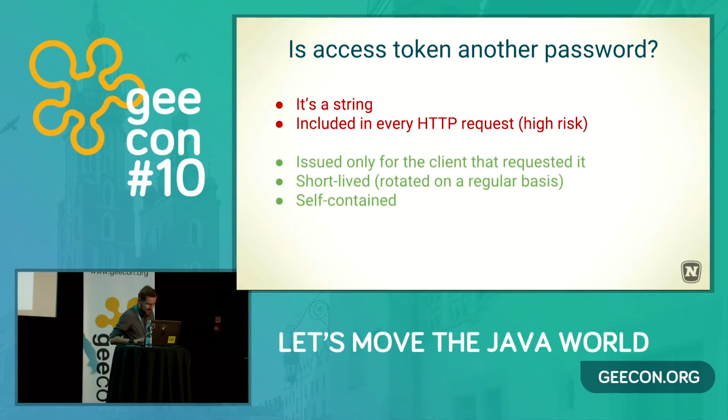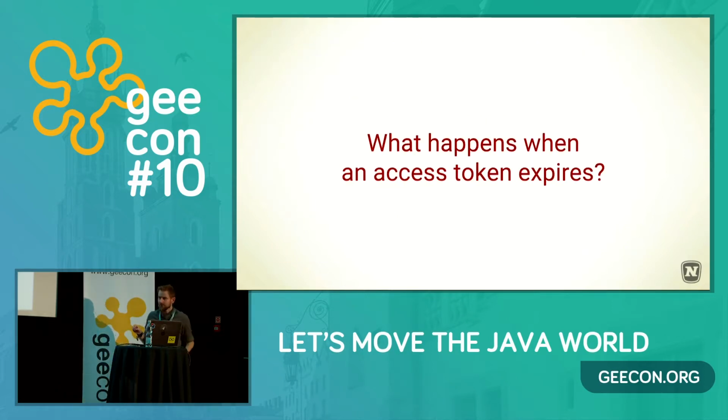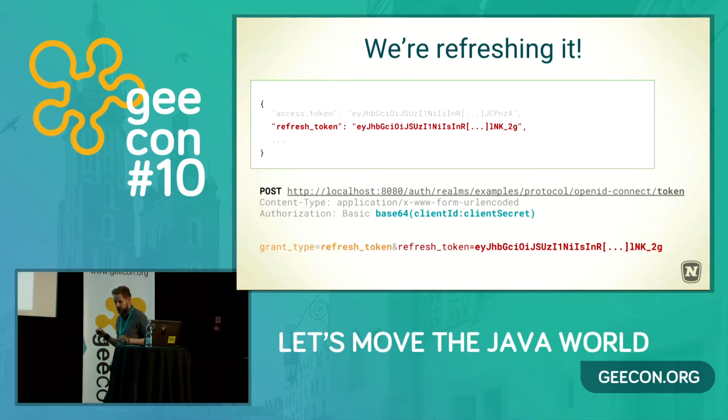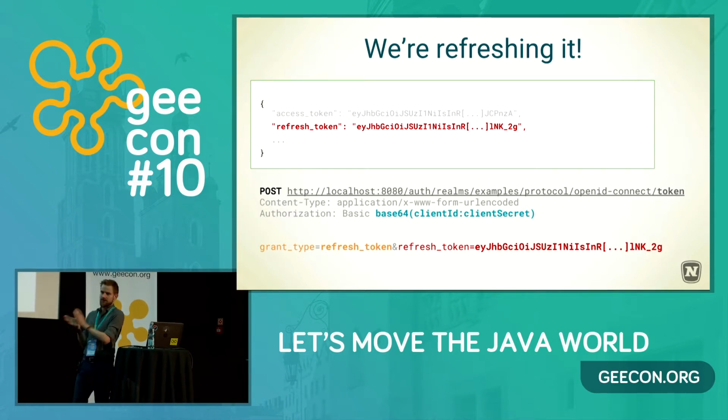But before we get to that, what really happens when an access token expires? Well, again, some tech. If you remember, we have an access token in our response, and we also have something called a refresh token. Its sole purpose is to obtain another access token.